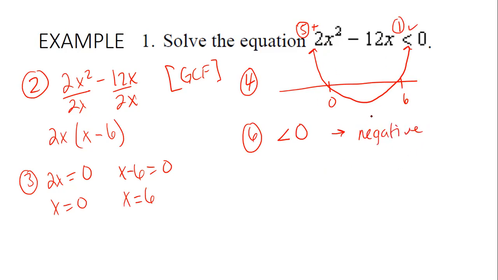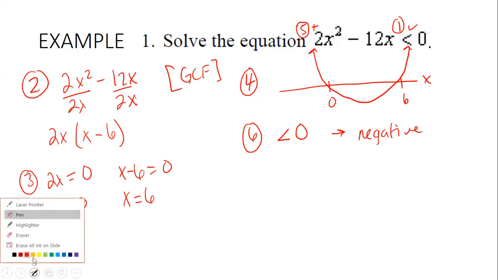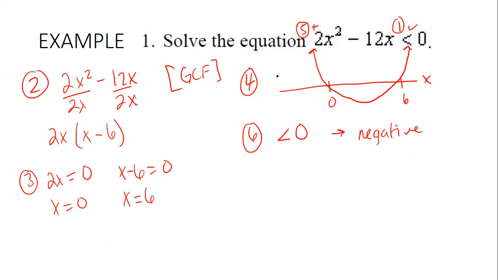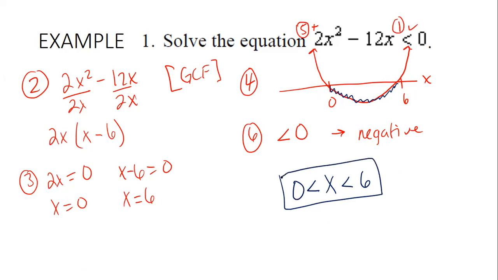Looking at our sketch, when am I below the x-axis in order to receive negative values? So my solution is x is less than 6, but greater than 0. And that's my answer.